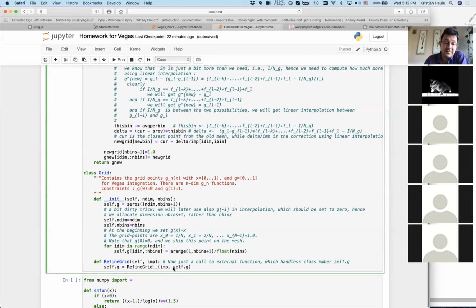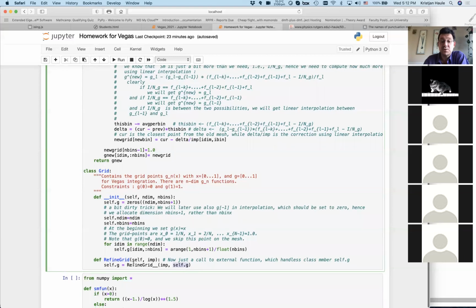So naively, you would think that if I give the self G as an argument to refine grid, then if I change self G inside refine grid, it's going to be changed also inside the class. That was my understanding.